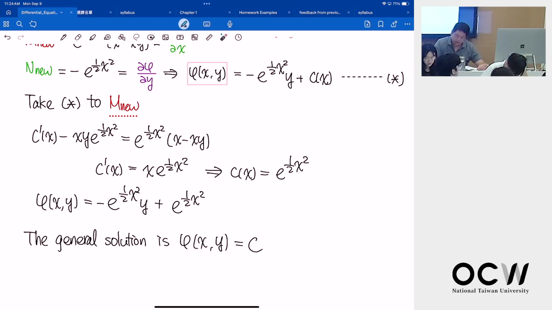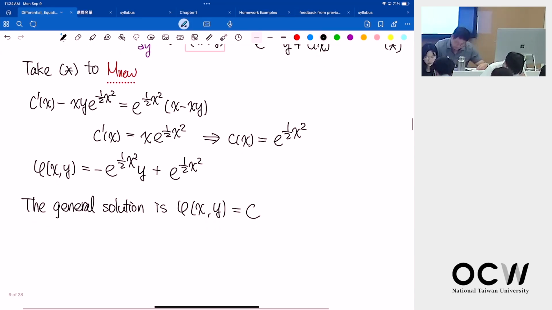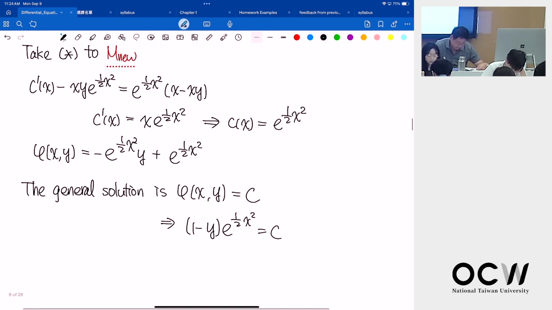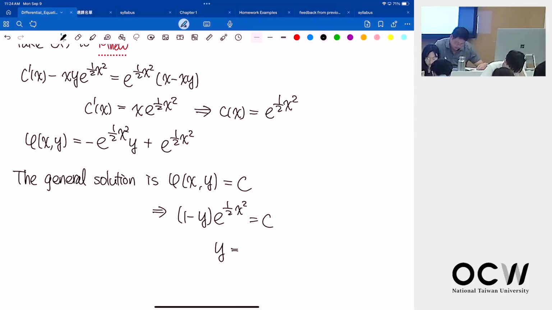Again, here you can plus k, but overall they will combine. So that means 1 minus y times e to the 1/2 x squared equals c. So y is equal to 1 minus c times e to the minus 1/2 x squared.